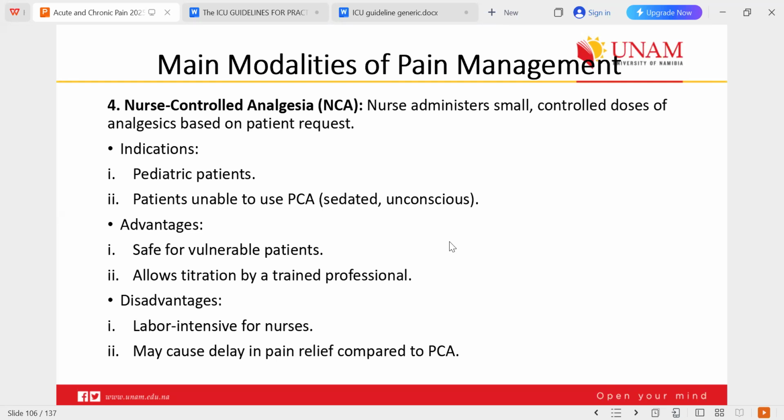The disadvantage is that it's labor intensive, and sometimes we prescribe an analgesic and it's not given because of the nurse's workload. This may cause delay in pain relief and untold suffering to your patient because they depend on the nurse for their pain relief.